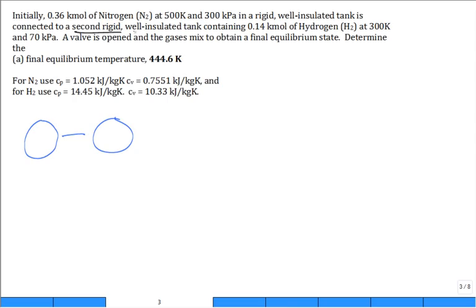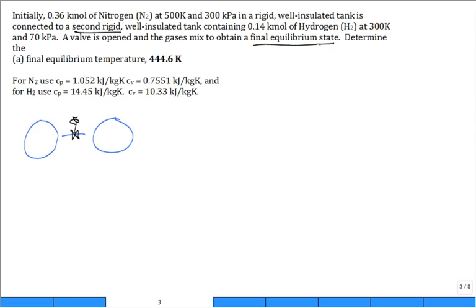The second tank is well insulated and it contains 0.14 kilomoles of hydrogen at a different temperature and pressure. A valve is in between. The valve is opened and gases mix and they obtain a final equilibrium state.